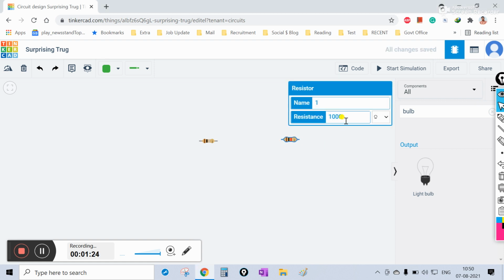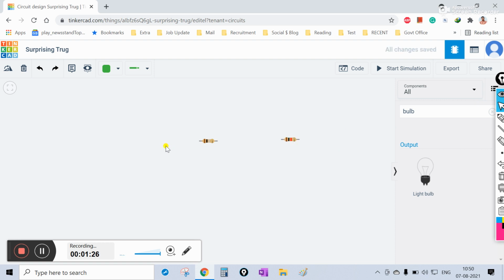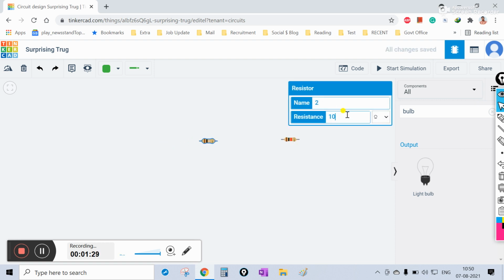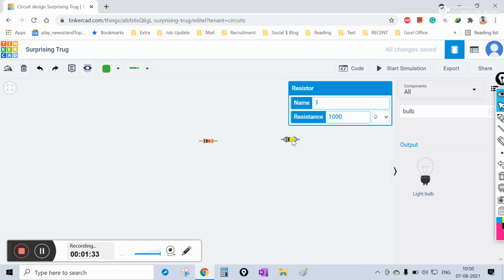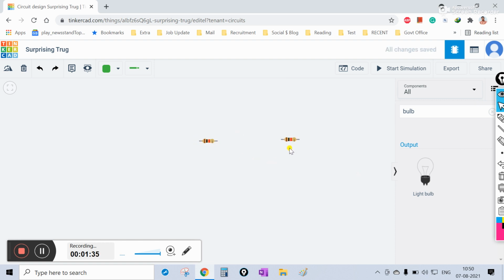I'm taking 1000 ohms. This is resistance 1, resistance 2, and I have taken both of value 1000 ohm.